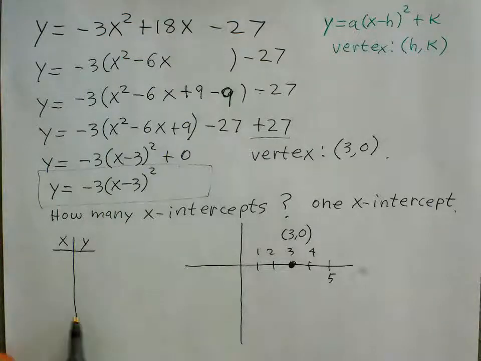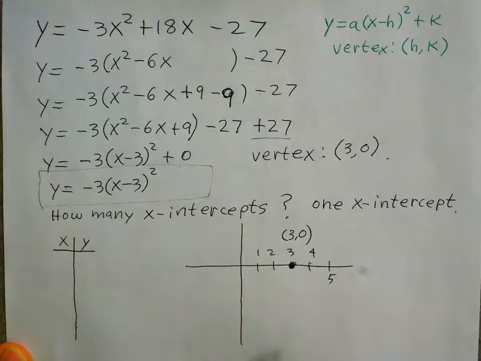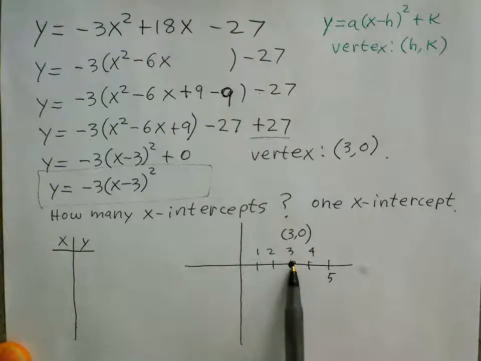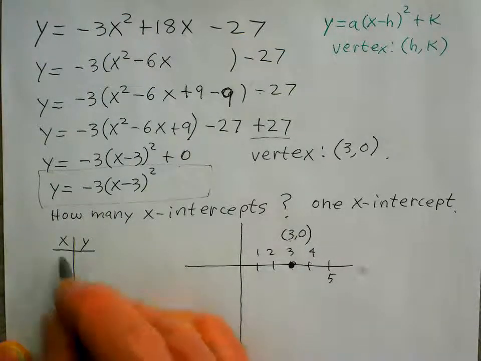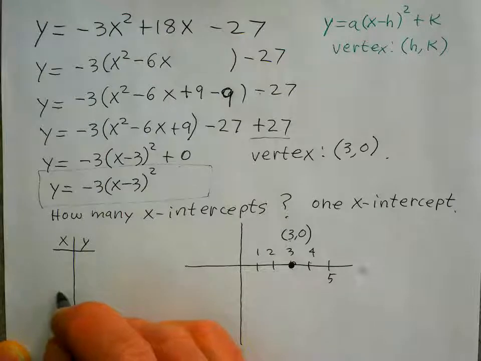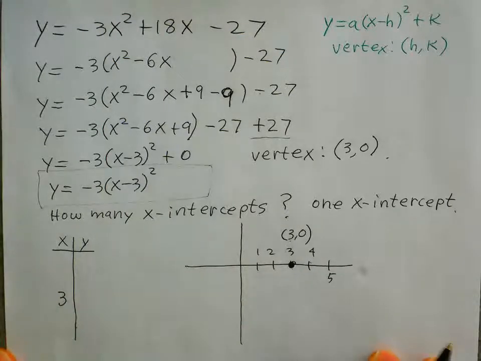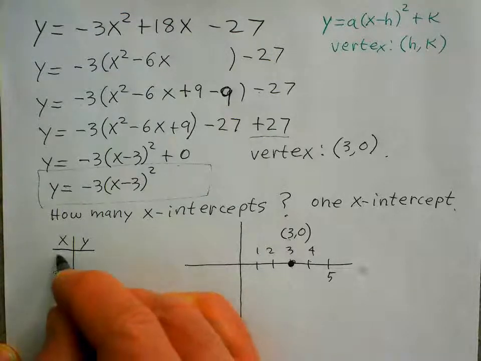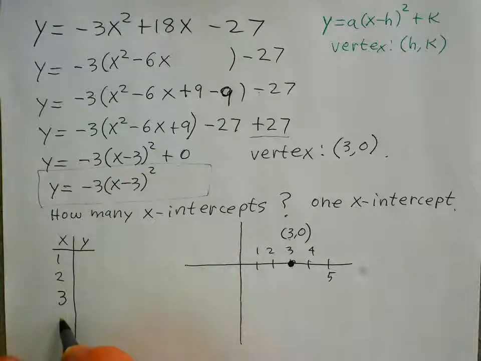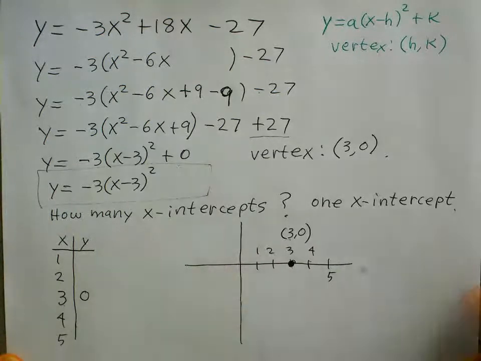I want to use my general approach. The x-coordinate of the vertex is 3, so I'm going to pick 5 x values, where 3 is the middle one, and then 2 smaller x values than 3 that I'll use are 2 and 1, and 2 bigger values, 4 and 5. So we already know (3, 0) is a point on the graph.